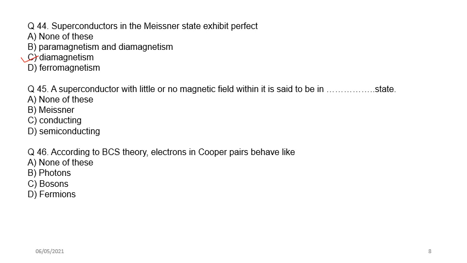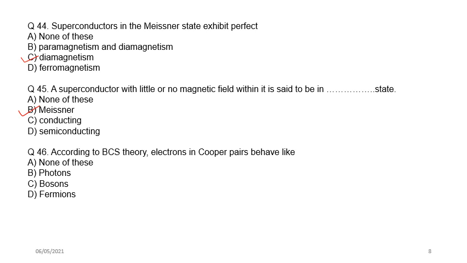Next question: a superconductor with little or no magnetic field within it is said to be in this state. Just now I told you, it is the Meissner state, related to the Meissner effect.